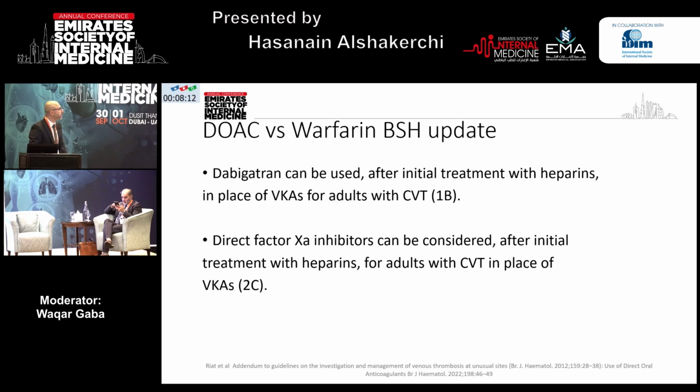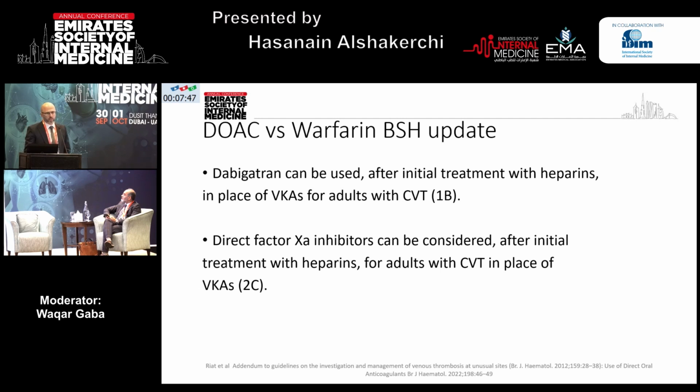Initially, most of the guidelines for CVT come from different specialties. They come from, obviously, the hematology societies, but you can see them in stroke and neurology as well. As an example, the BSH, the British Society for Haematology, updated their 2012 guidelines to include that dabigatran can be used after initial treatment with heparin in place of warfarin.